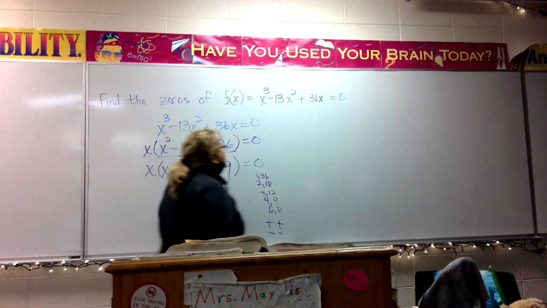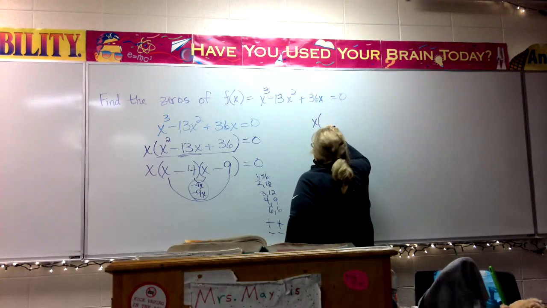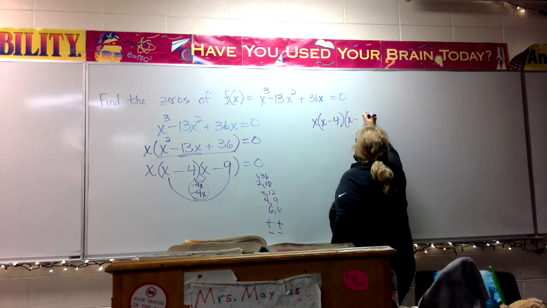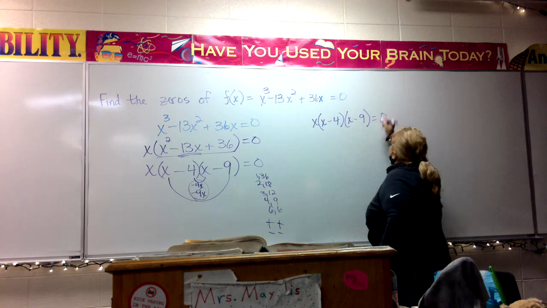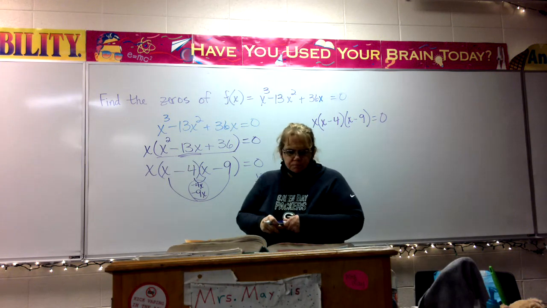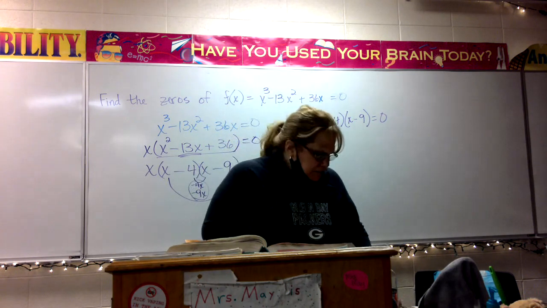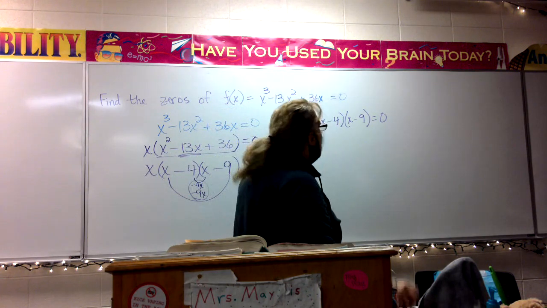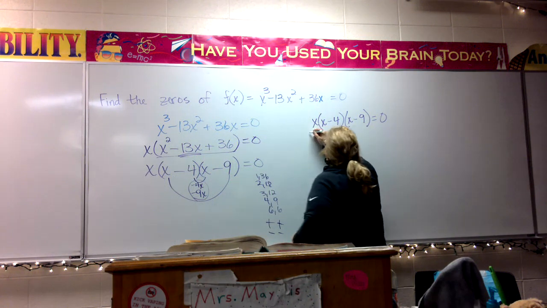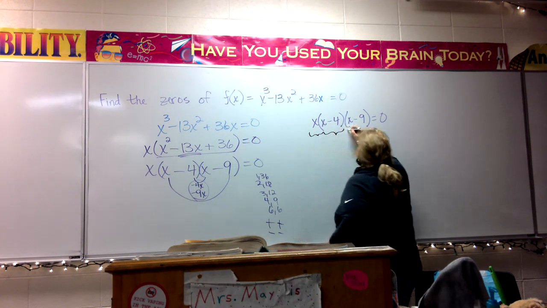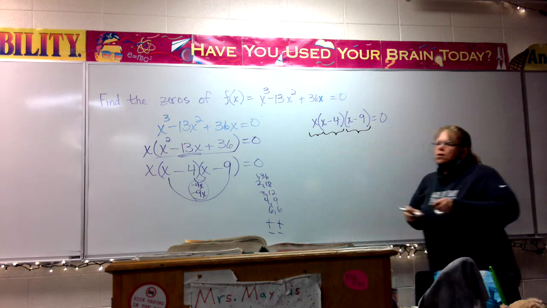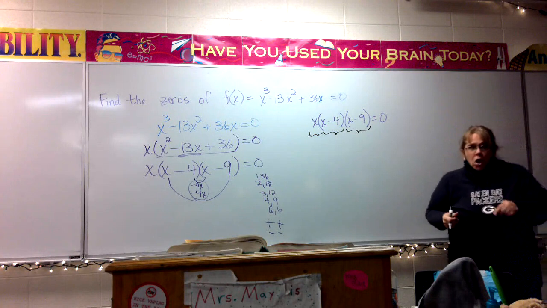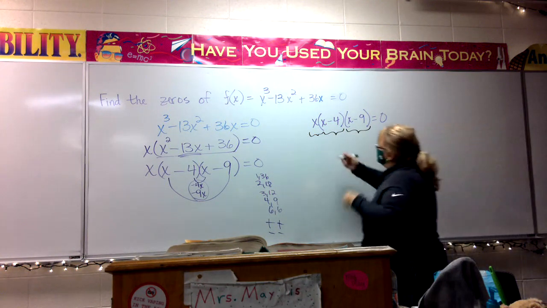So at this point, I have that thing and that thing multiplied together, and it equals 0. How do you multiply those things together and get a 0? That means one or more of those things has to equal 0.